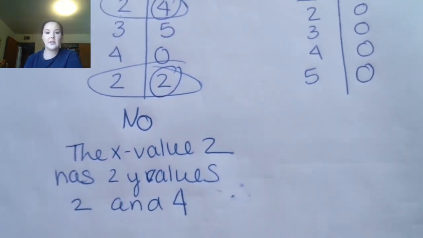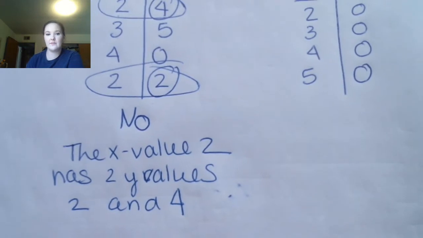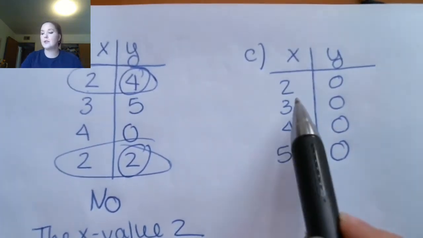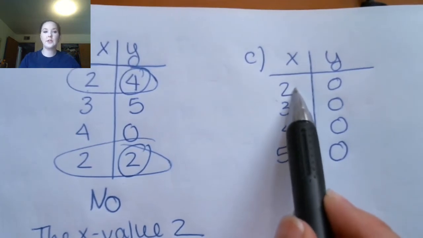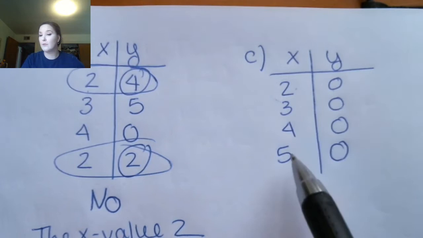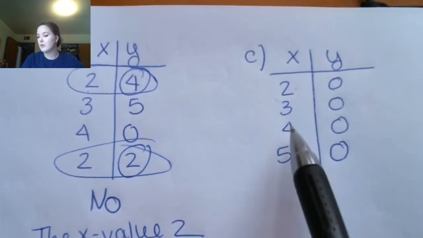That's the issue of why this isn't a function. So let's look at the other one. We're going to start with the x value 2. We're going to check that it has a corresponding y value, 0. Does it have more than one corresponding y value?